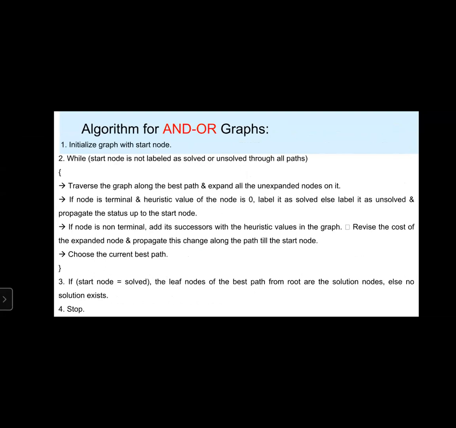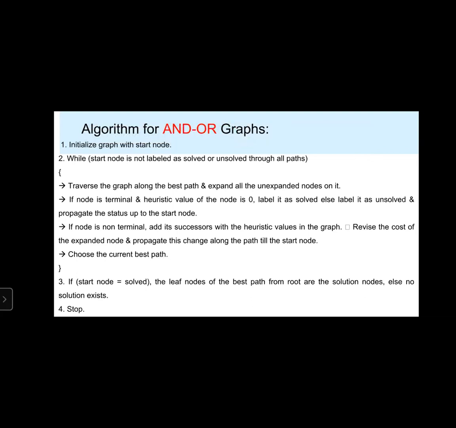While the start node is not labeled as solved or unsolved through all paths, traverse the graph along the best path and expand all the unexpanded nodes on it. If a node is terminal and its heuristic value is 0, label it as solved, else label it as unsolved, and propagate the status up to the start node.